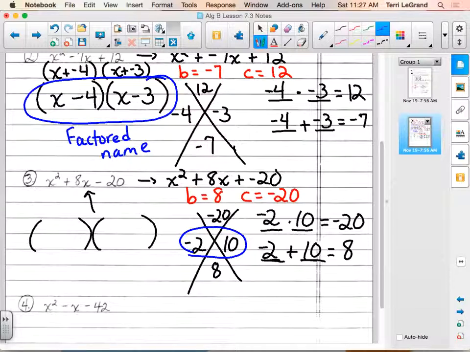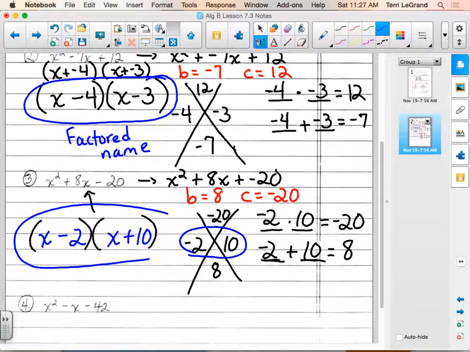So we're going to do x subtract 2, x plus 10. There's our factored name. This should FOIL back out to be x squared plus 8x minus 20. We are good.